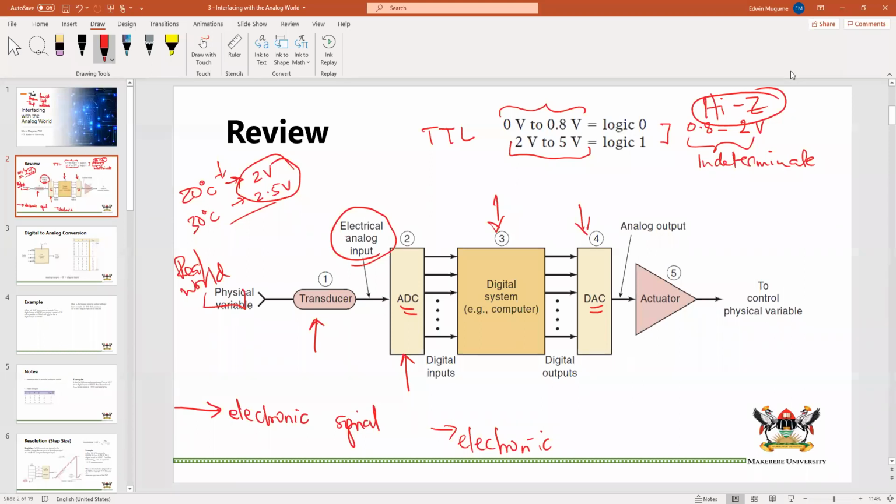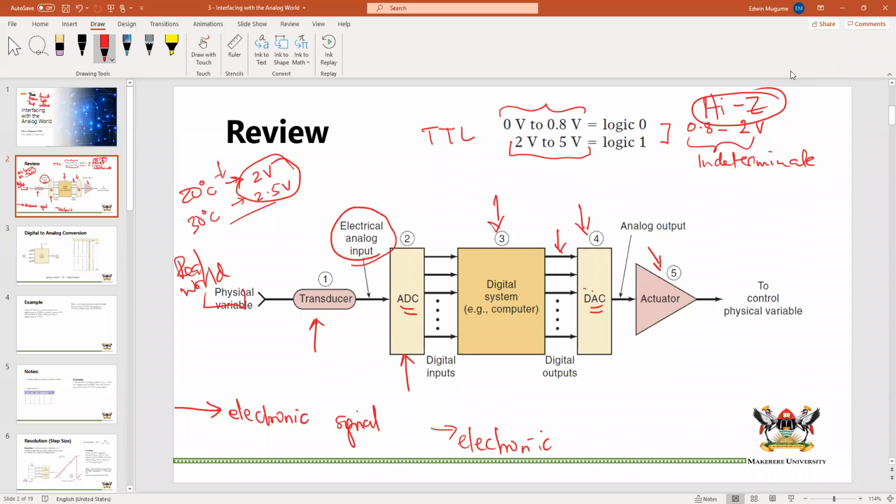These are really representative based on their names. It's very easy to know which is which. Digital to analog converter gives you an analog signal that is equivalent of the digital input. This is the digital input into the DAC, or the digital output out of that digital system. That goes into that, and usually that feeds the actuator.